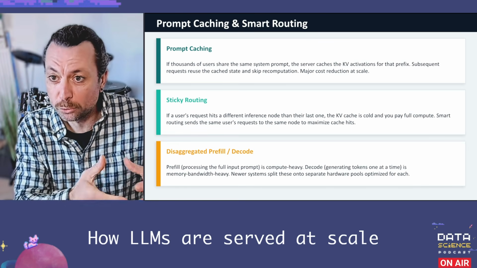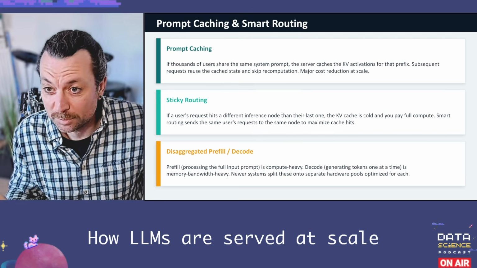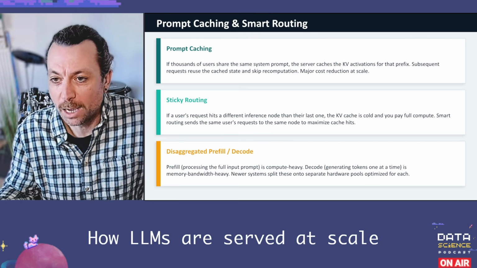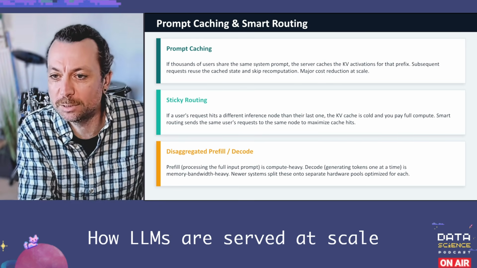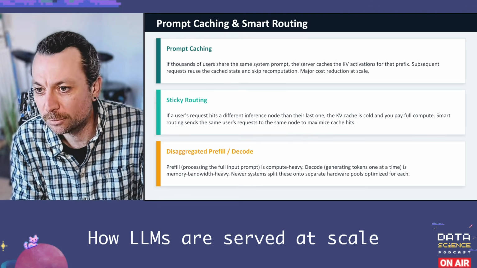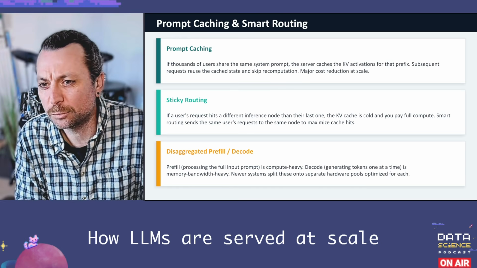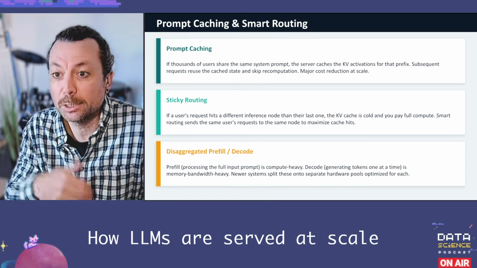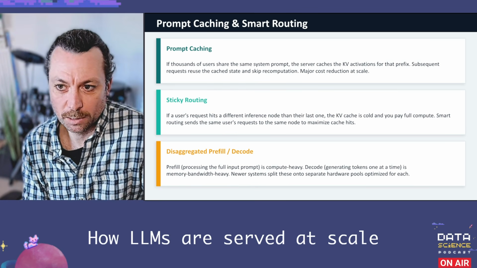Why? Because they want you to enjoy exactly the same cache. Because the chances that you're going to continue the conversation are very high, which means that the chances of reusing whatever is in that cache are very high as well. And so the sticky routing is pretty much a very smart way of reducing costs by not computing things and increasing cache hits dramatically.